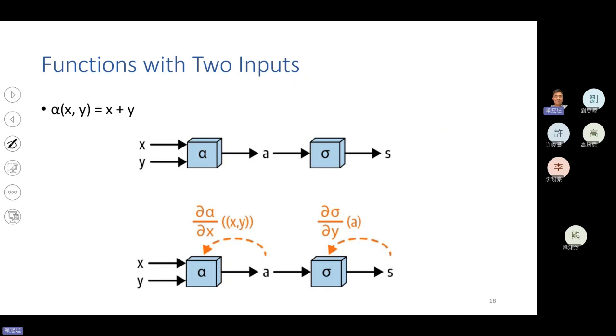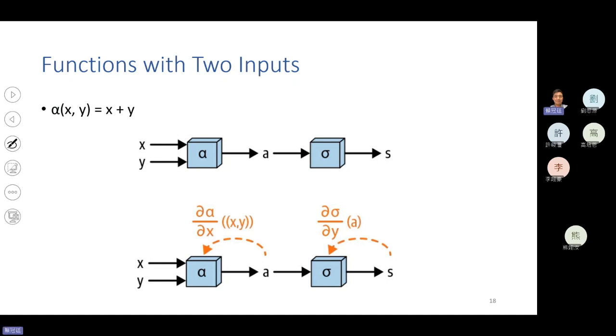So now we know how to implement the derivative function with only one variable. How about we have two variables? In fact, in deep learning, we have a vector, or we have multiple variables. So let's start with two. For two variables, you can do partial derivative.